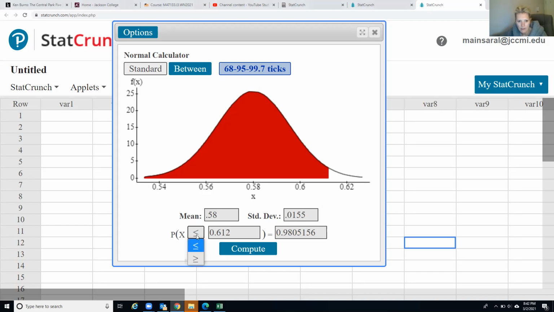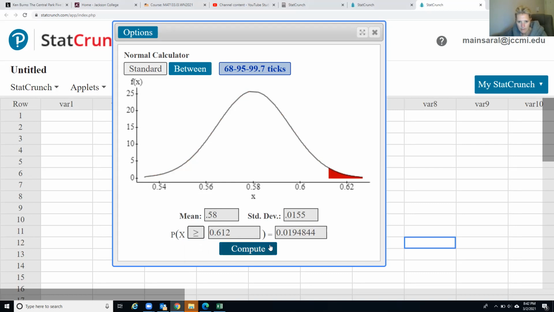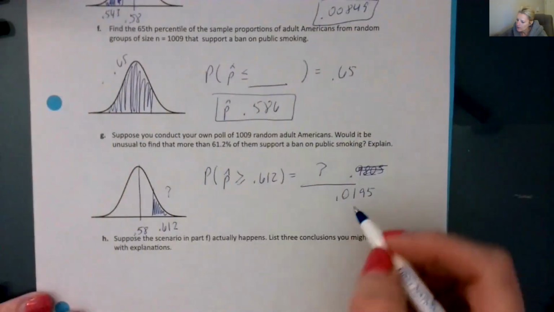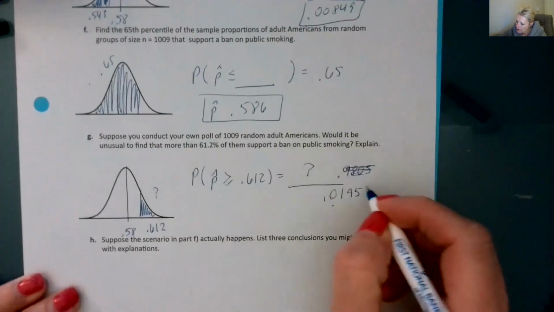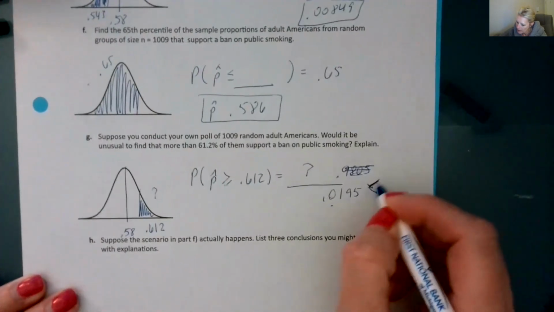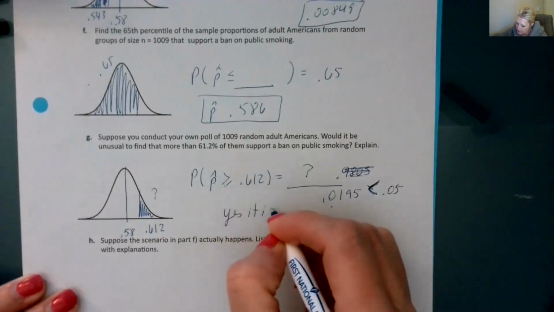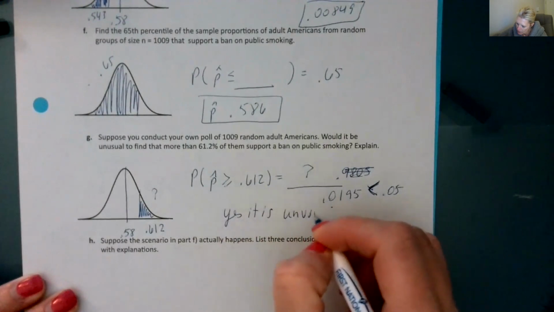I did a less than, didn't I? It's actually 0.019. I was going to say, wait, that doesn't seem right. 0.0195. Okay, yep, it was a greater than. That matches our picture that we drew. There we go. So that probably is 0.0195, which is less than 0.05. So yes, it's unusual.